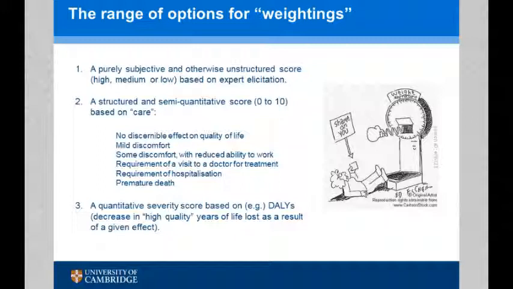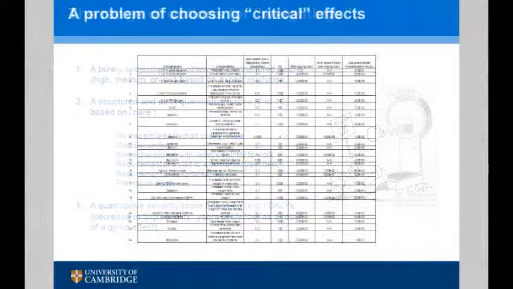The third one is the disability-adjusted life years, decrease in high-quality years of life lost, and that's the one, again, that I'm going with here. But the methodology that we developed, we being, again, Jacobs and Stratus and myself and others, can use any of these 3 approaches.